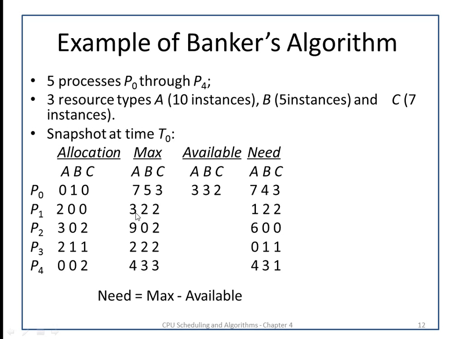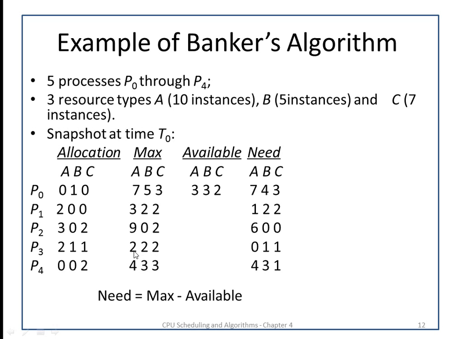For P1, the maximum is 3 2 2 and the allocation is 2 0 0, so the need is 1 2 2. For P2, the maximum is 9 0 2 and the allocation is 3 0 2, so the need is 6 0 0.